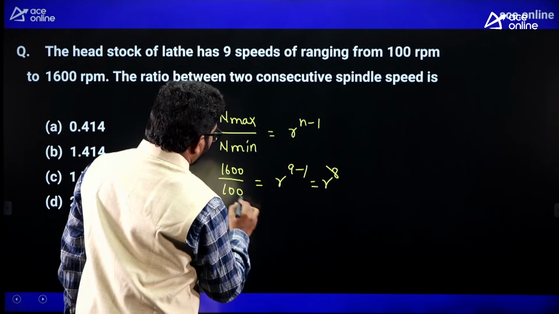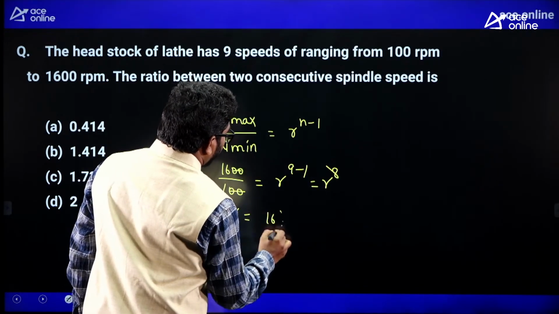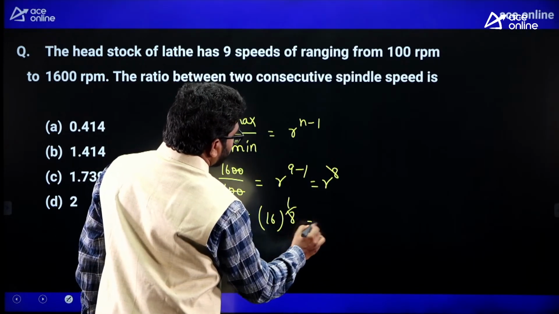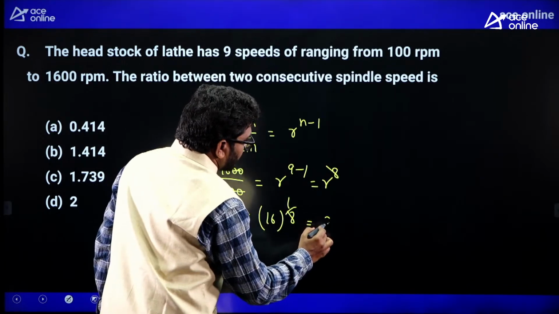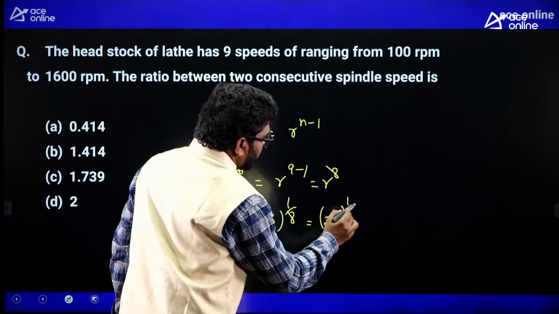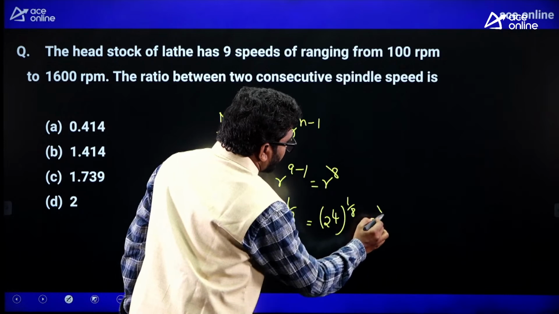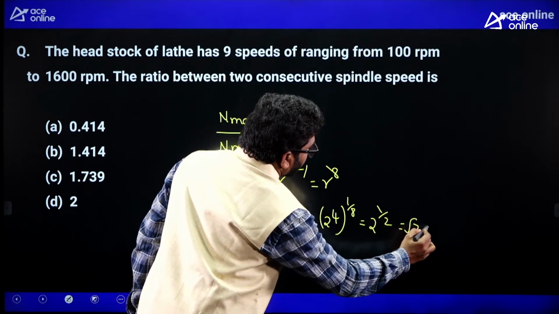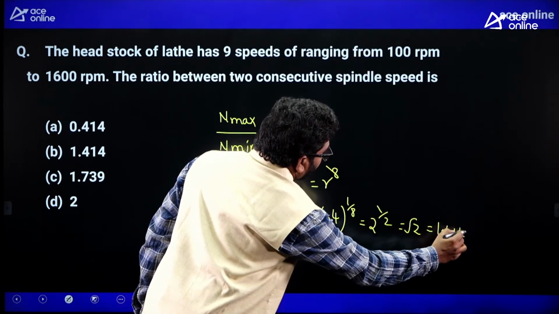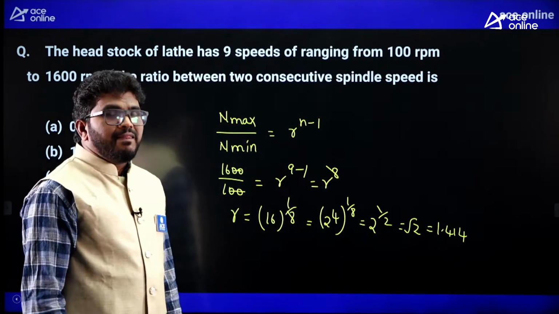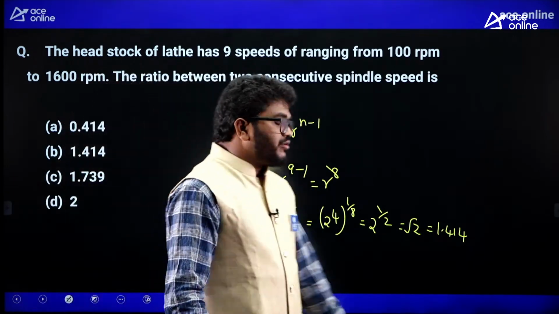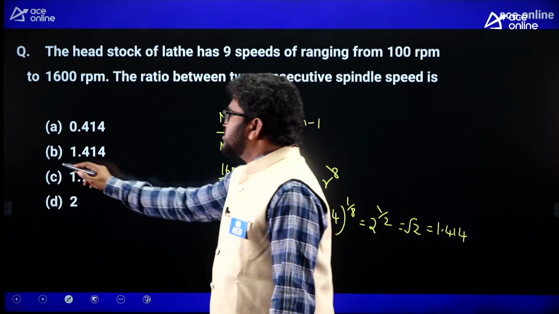So r equals 16 power 1 by 8. 16 means 2 power 4, so 1 by 8 gives 2 power 1 by 8, that is root 2, that is 1.414. So the correct answer for this question is B.